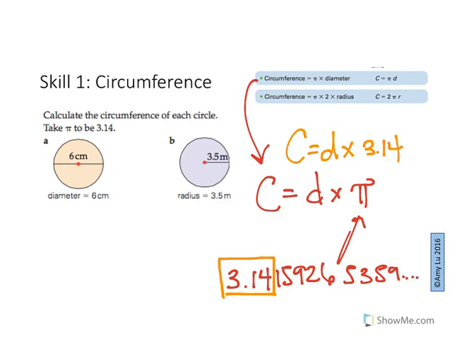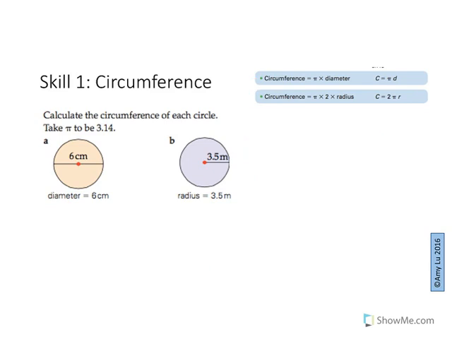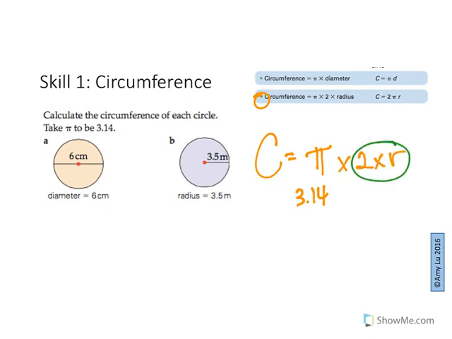Another way to look at your circumference is that it's the same as pi, which is 3.14, times 2 times your radius. Because 2 times your radius is the same thing as your diameter. So depending on what the problem gives you, you can use either the diameter or the radius.